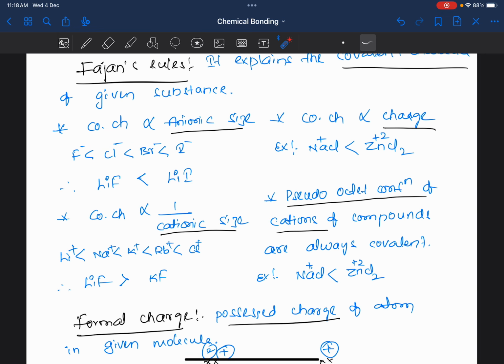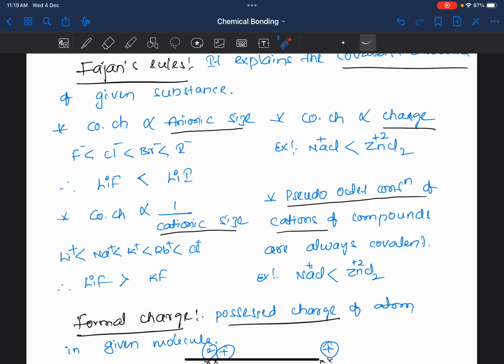So the more covalent compound between lithium fluoride and lithium iodide is lithium iodide only. Therefore remember here: covalent character increases with increasing anionic size for a given cation. The cation is similar, but only the anions change.